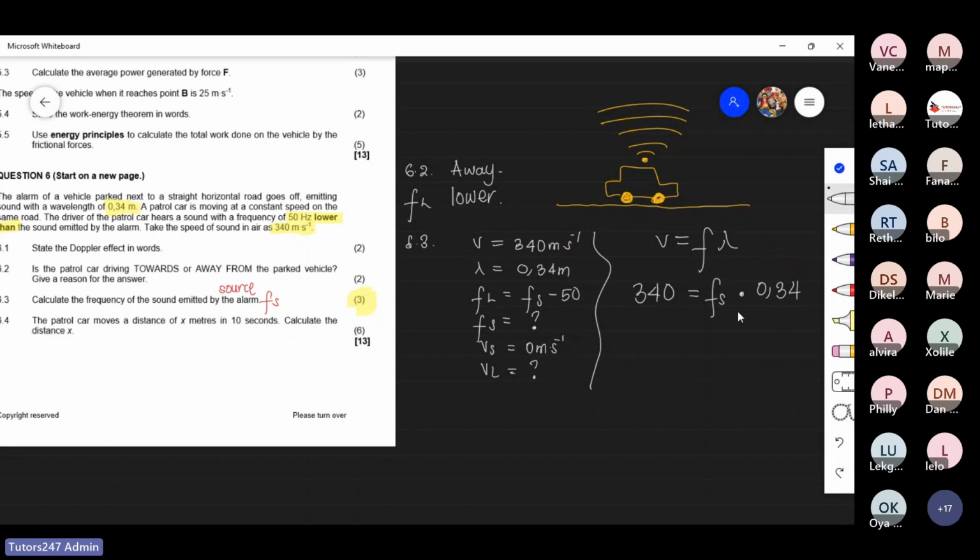Now all we need to do is divide both sides by 0.34. 340 divided by 0.34 gives a value of fs as 1000 hertz exactly.